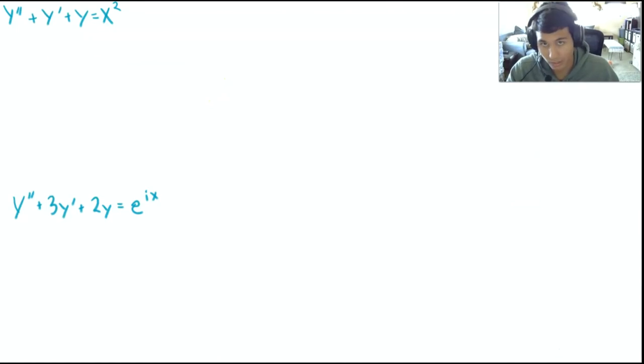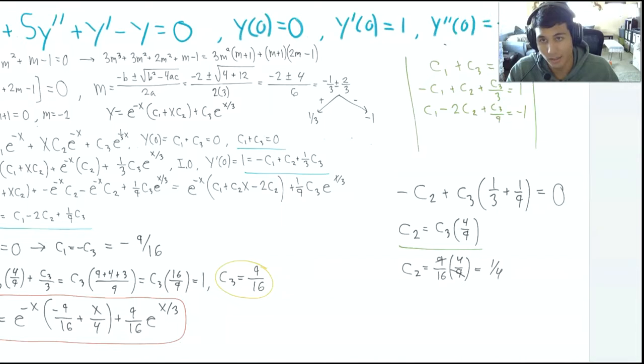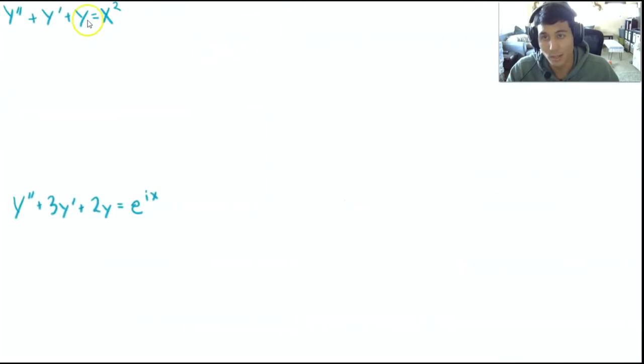It's kind of like what we did earlier, this same process, finding the roots, right? And then creating a solution that way, except we do need to find a particular solution for this right-hand side. And then we got to add both of those solutions in the end. Well, let's start off with what we know.